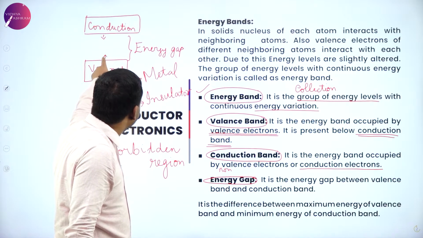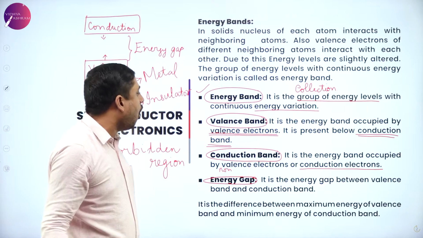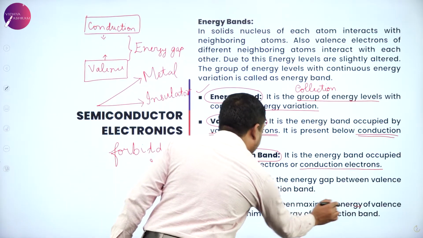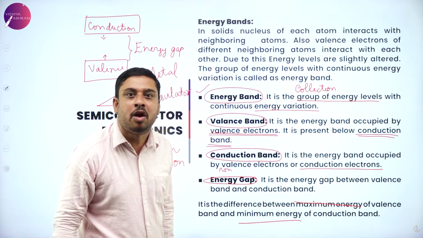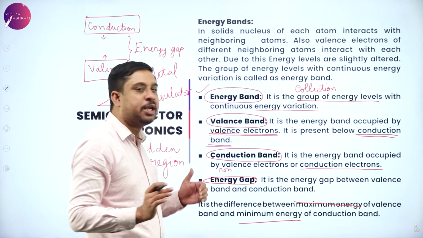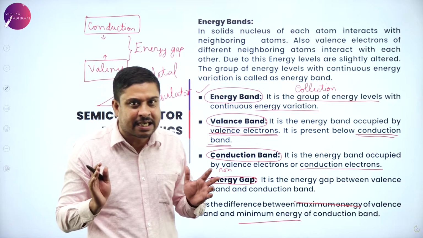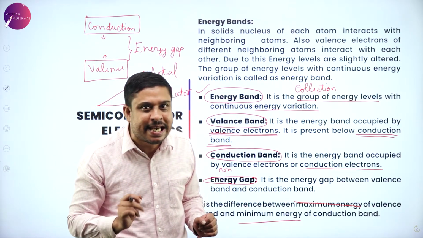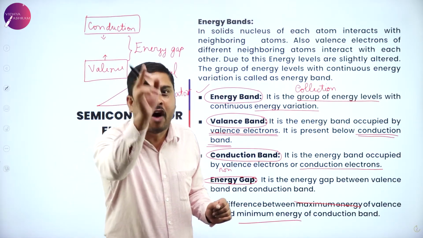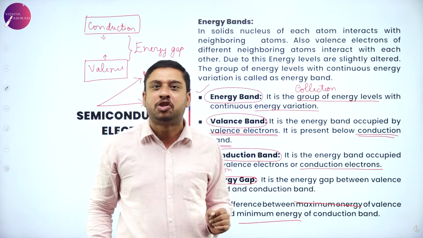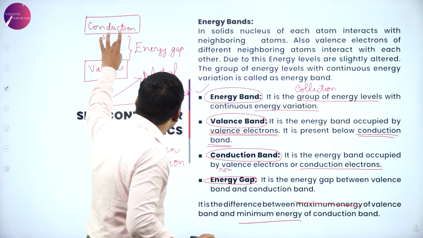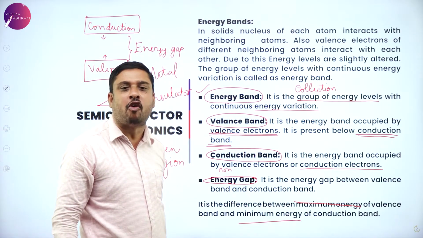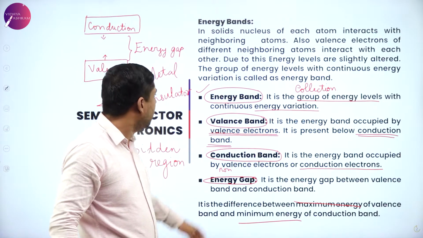Maximum energy level of the valence band and minimum energy level of the conduction band. And very clearly, it is an LOC, line of control, a forbidden region. Please understand, the electrons cannot enter into this forbidden region.